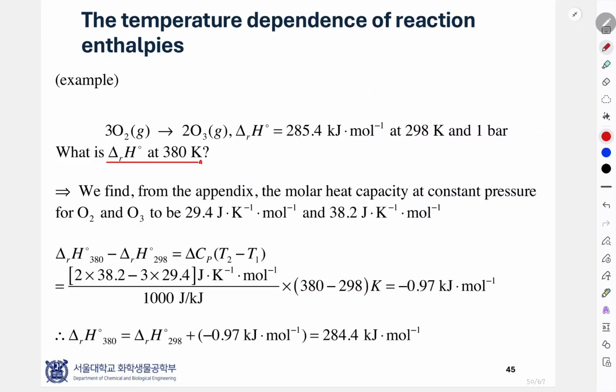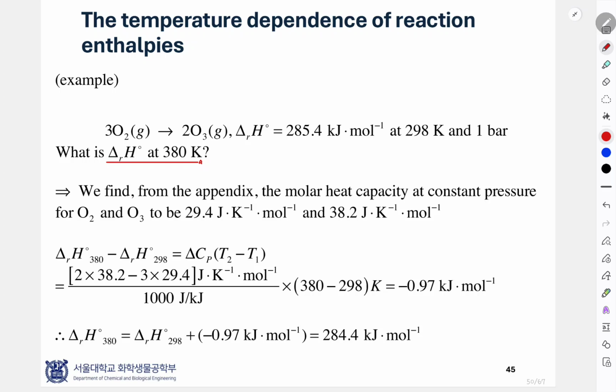We first should know the molar heat capacity at constant pressure for oxygen and ozone. So they are 29.4 joules per Kelvin per mole for oxygen and 38.2 joules per Kelvin per mole for ozone.